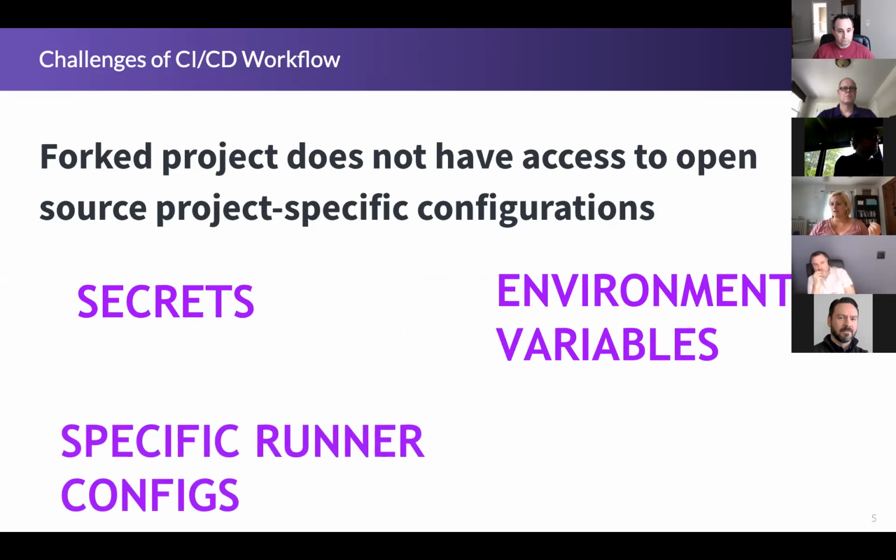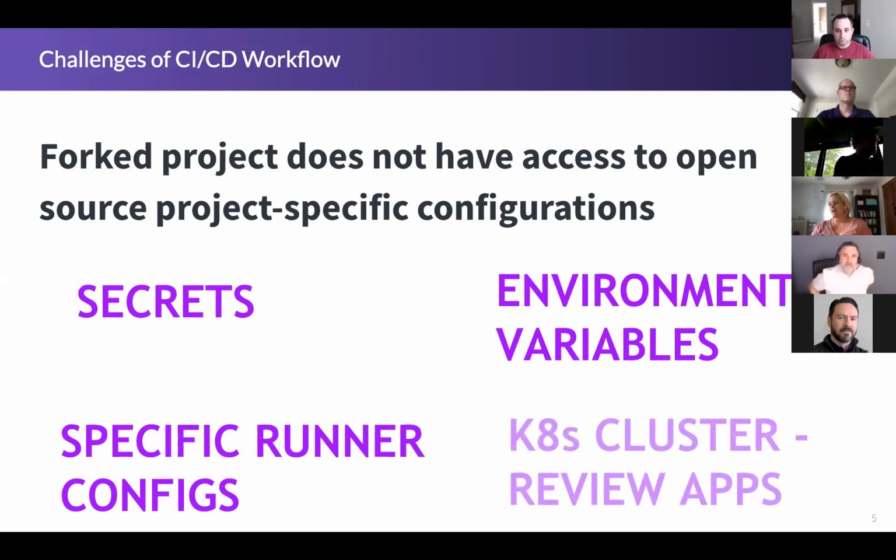There might also be some specific runner configurations for the runners being used in that open source project that you would know nothing about in your forked repository. And even things like Kubernetes cluster integration for review apps would not be available in that forked repository. So in essence, there's no way to guarantee that the pipeline that's being run in this forked repository is really going to give us the same results at all as the pipeline being run in the original open source repository.